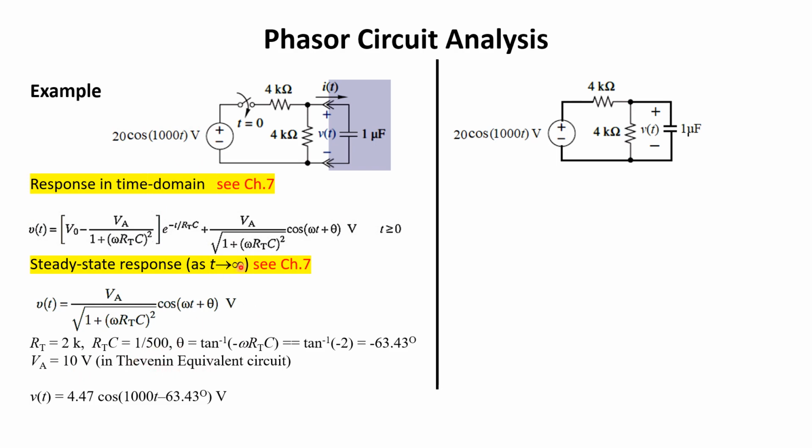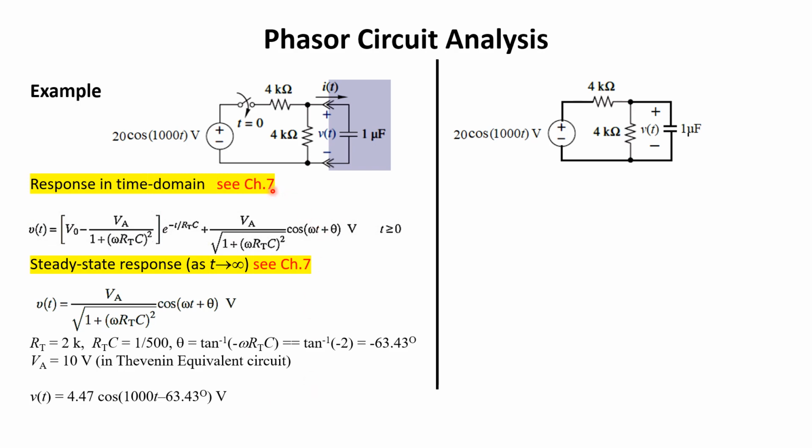If we substitute these values in this expression, we have 4.47 cosine 1000t minus 63.43 degrees. Please verify it. There may be some typo in it, but I have checked it.